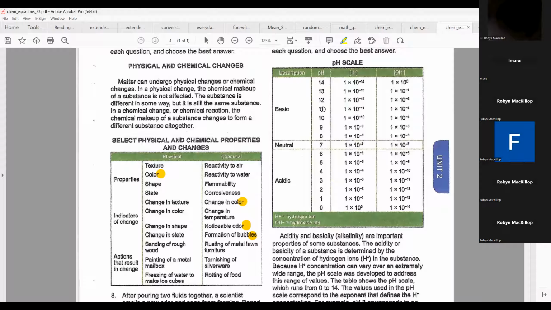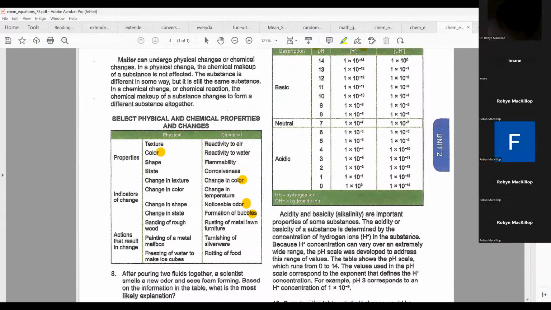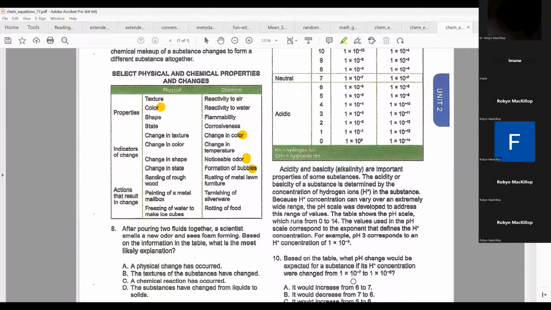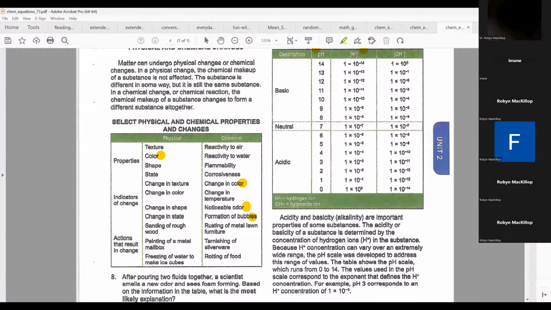Let's go see if we can find those. Here is the pH in this column, and here is the H. So those are the two columns we're looking at for that question. Come back down to it. It wants to know if H changes from 10⁻⁷ to 10⁻⁶, what happens to the pH column?